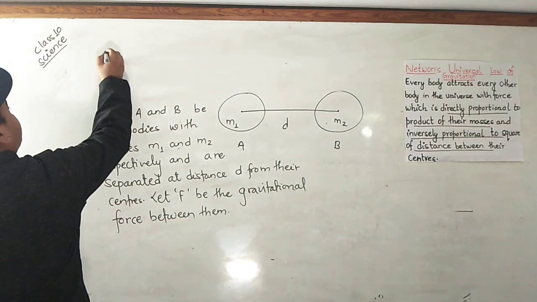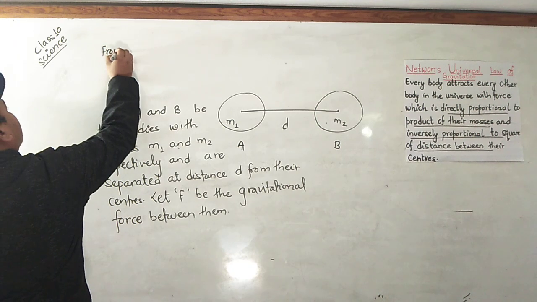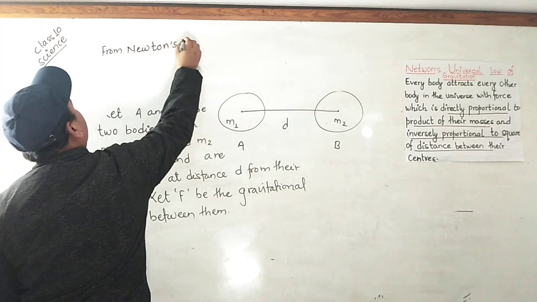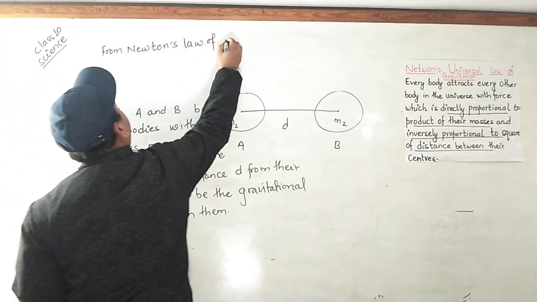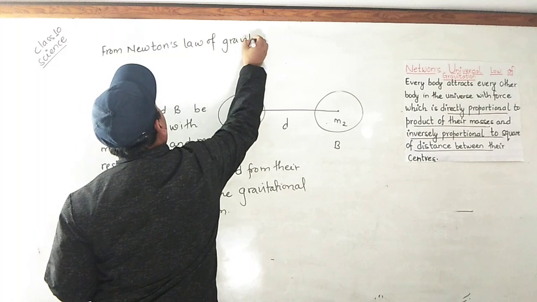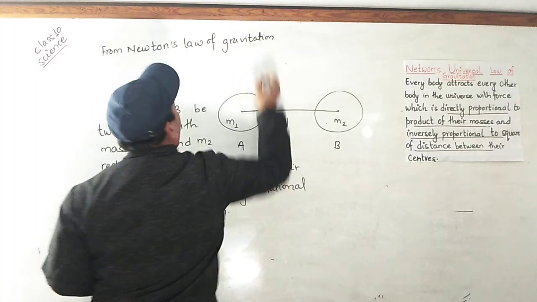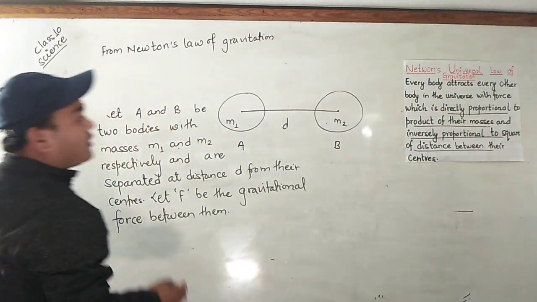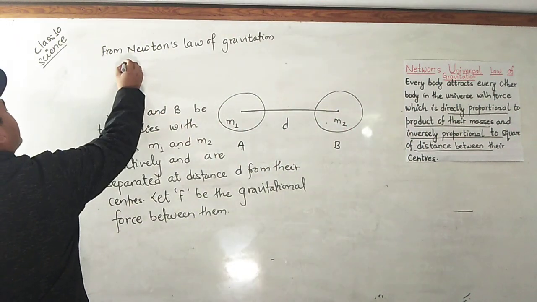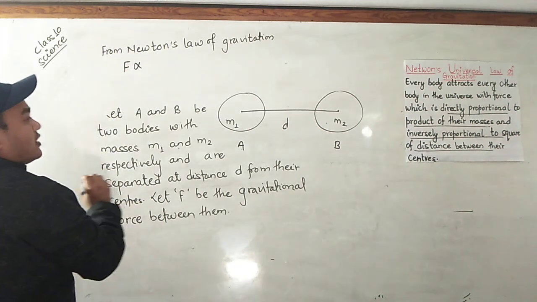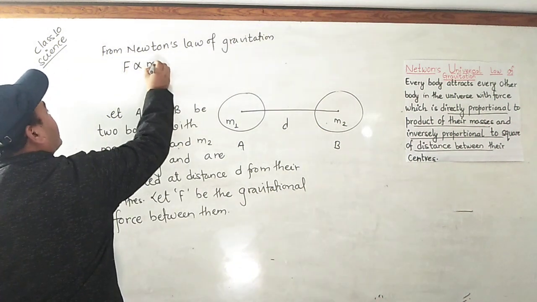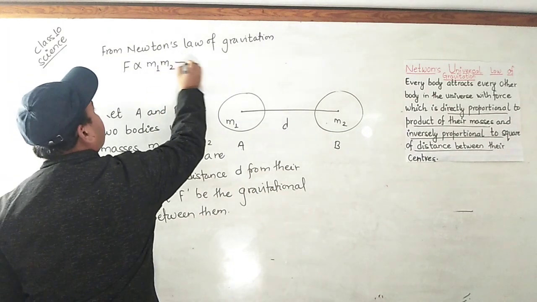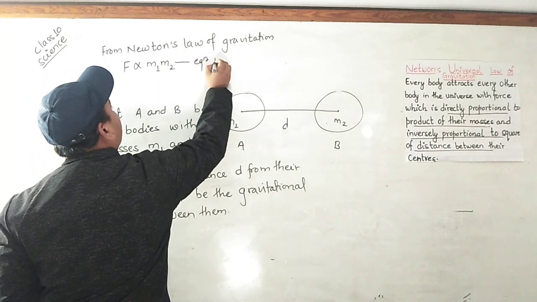Now from Newton's law of gravitation, we separate into two parts. Gravitational force is directly proportional to the product of their masses, and their masses are m1 m2, and let's make it equation number 1.